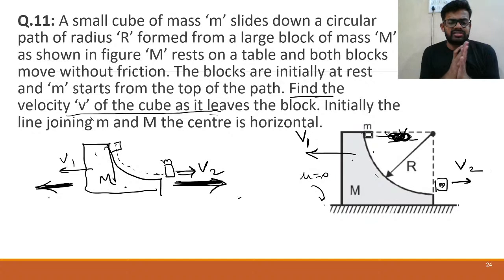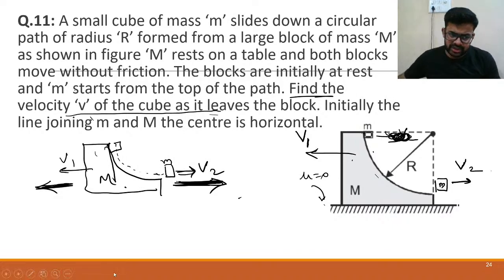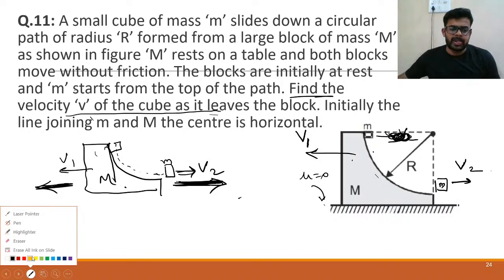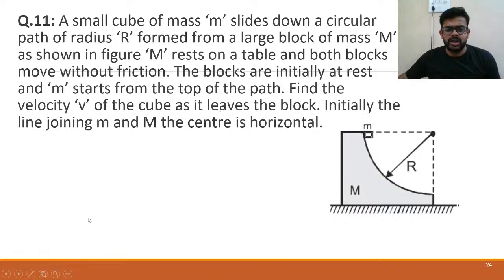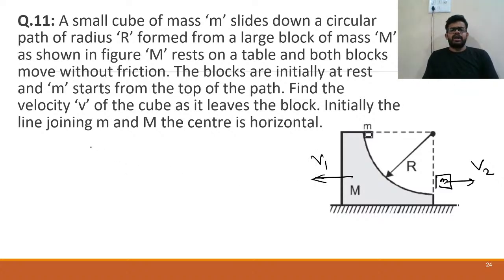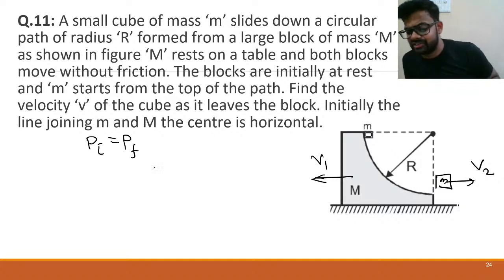So simply I will say that both the blocks have horizontal velocities, which means there is no external force. If there is no external force, then we can apply the law of conservation of momentum. So finally it will come here and leave. It is v2 and this will move in this direction with velocity v1. Okay, so I will apply the law of conservation of momentum because external force in the horizontal direction is absent.